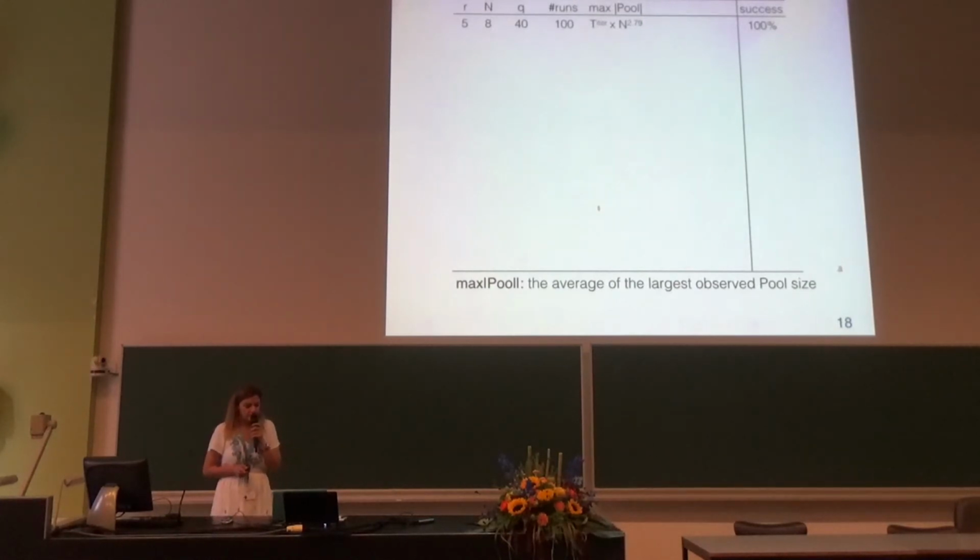And the number of runs that we had was 100, and the success was 100%. And the maximum size of the pool was the average of the largest observed pool size among all the successful runs. As you can see, our complexity T-iter was a little bit, not a little bit, actually quite underestimated.